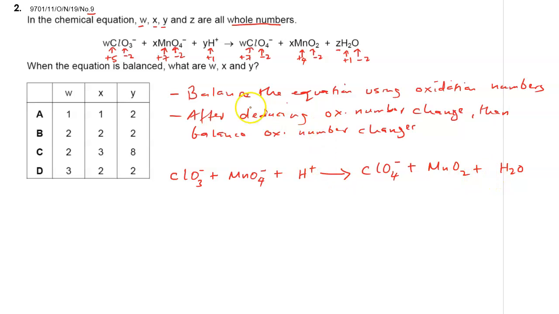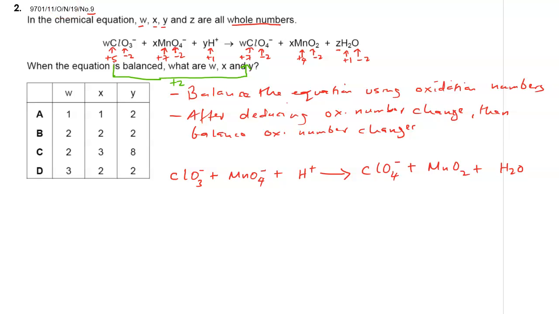Let's start with chlorine. Chlorine has changed from +5 to +7, right? So there is a change of +2 in oxidation number.